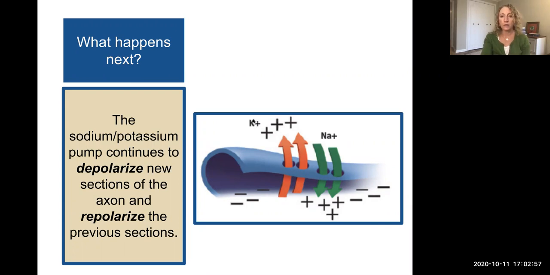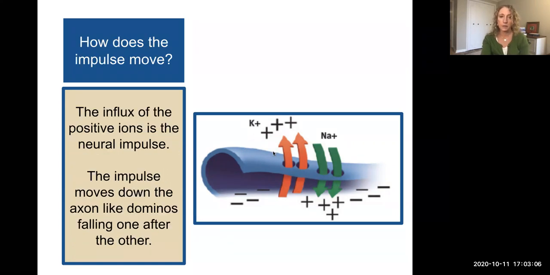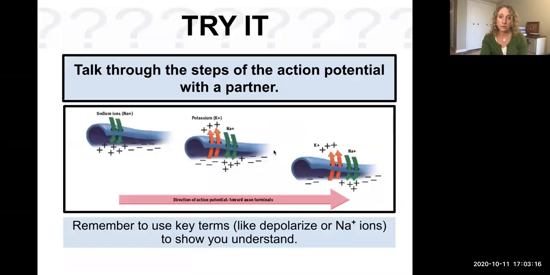And when the action potential is taking place, it's depolarizing the cell, right? So the impulse moves down the axon like dominoes falling one after the other. All right, so let's look at this. Sodium coming in, potassium coming out, but then after it's gone down the axon, it's going to repolarize.